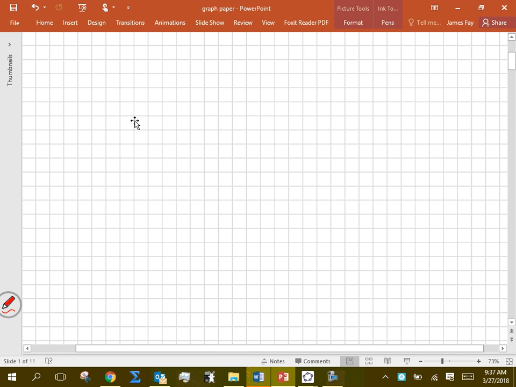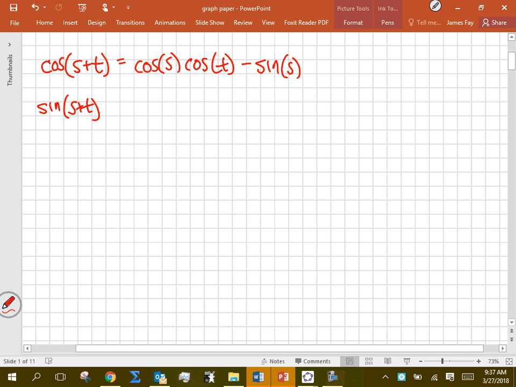If I have, and we'll just deal with cosine of s plus t and maybe sine of s plus t for now. Cosine of s plus t. We just said cosine of s plus t was cosine of s cosine of t, and then it became minus sine of s sine t. Okay? And sine of s plus t was sine of s cosine of t plus cosine of s sine of t.